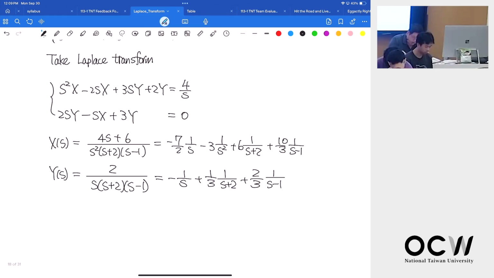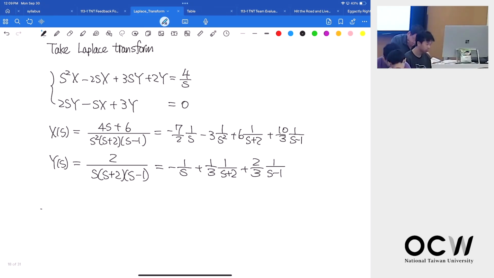And then since you get the expression for the x and y separately, then taking the inverse Laplace transform, you get x of t. Again, you can use the table.